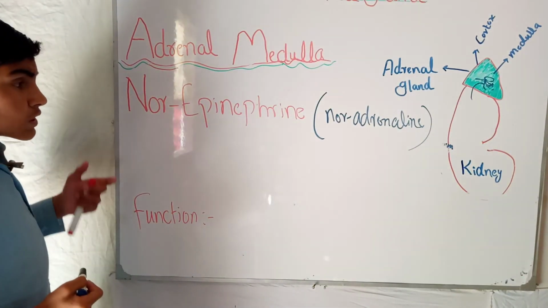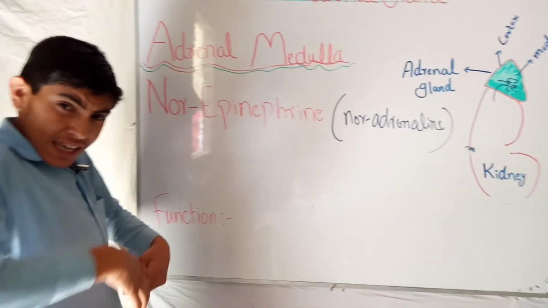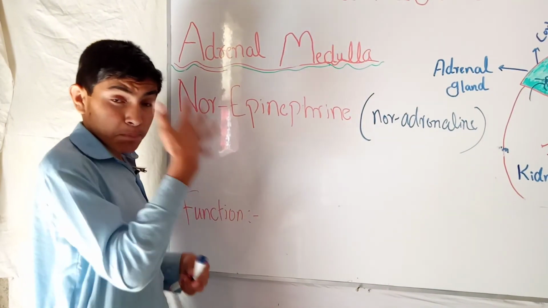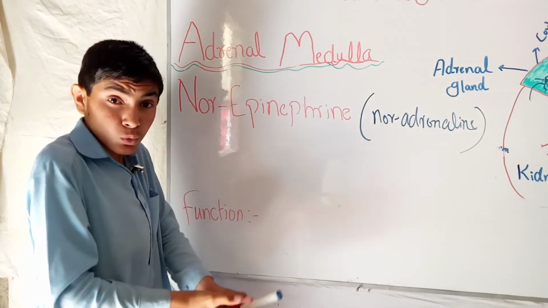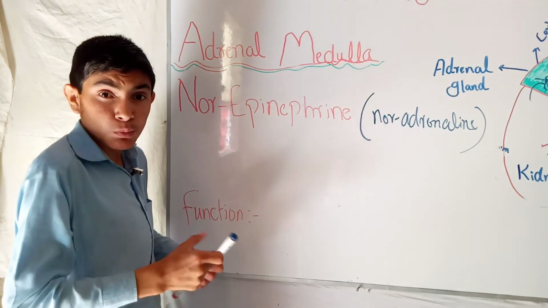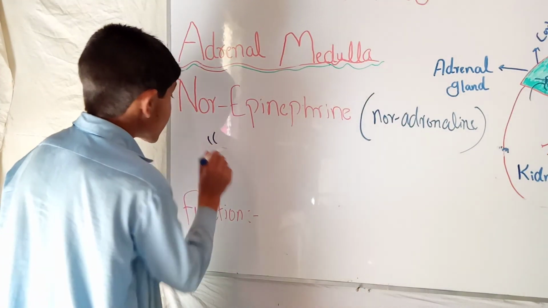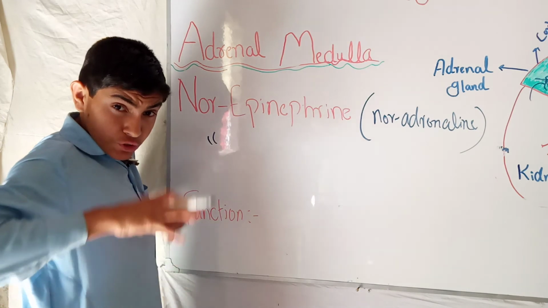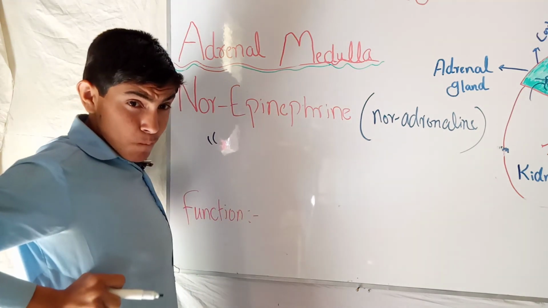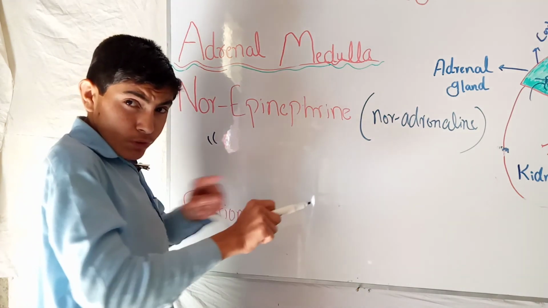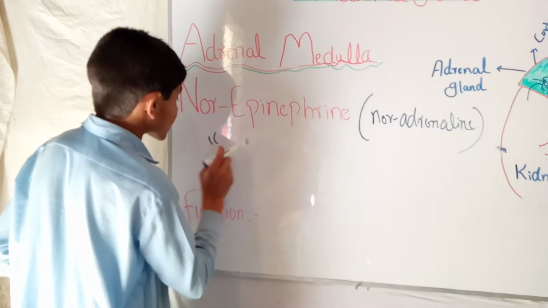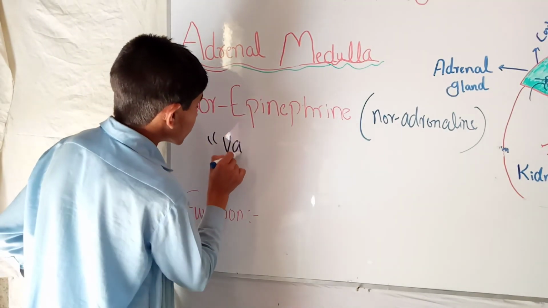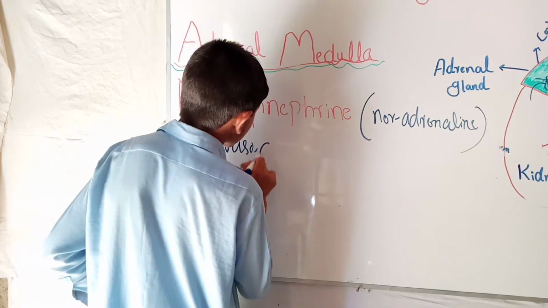This hormone does not allow you to fight or flight. This hormone is a constrictor of your blood vessels. So the previous one was a vasodilator, which is going to break your vessels, but this one is a vasoconstrictor.